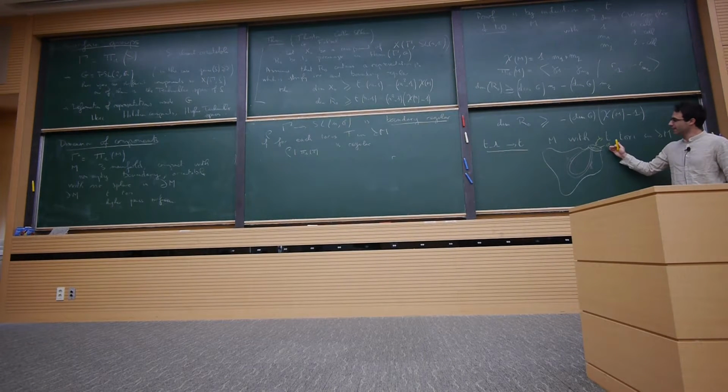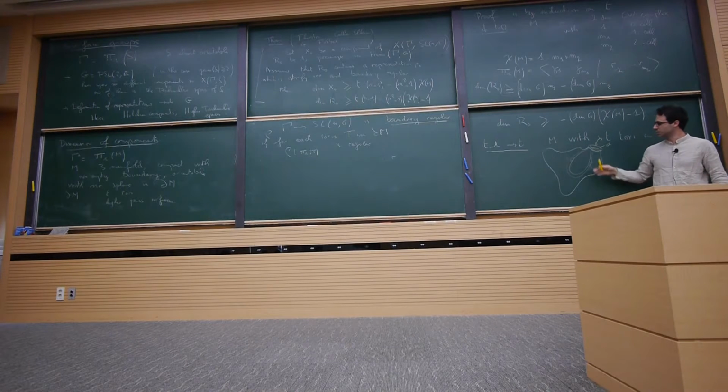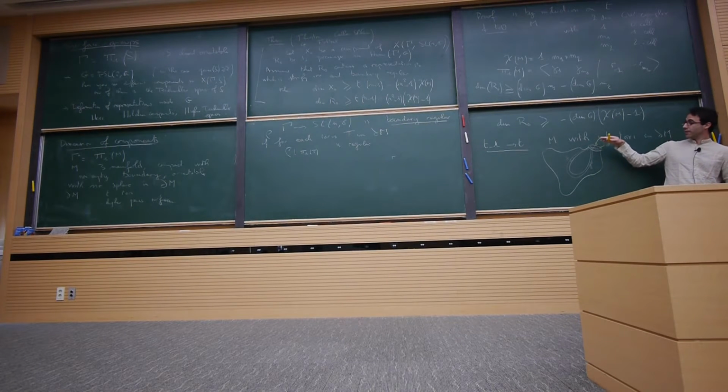So the idea is, from M, you construct a manifold with one less torus by drilling along a well-chosen gamma. Okay, so let's analyze the dimensions in this picture in order to understand what is a well-chosen gamma. What should we ask for gamma?